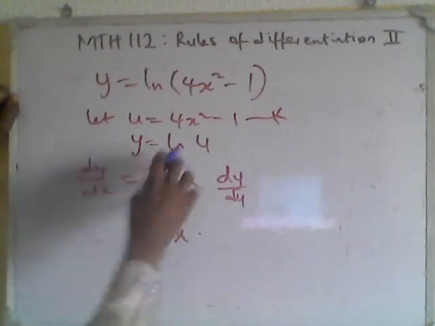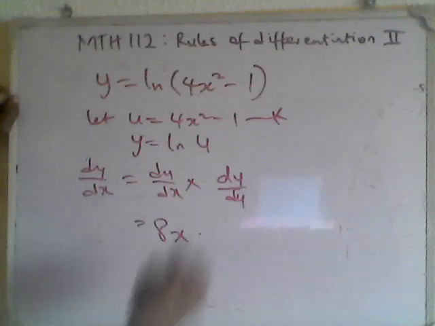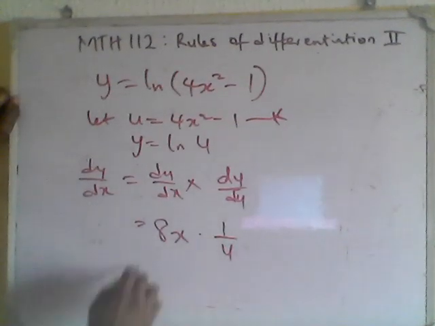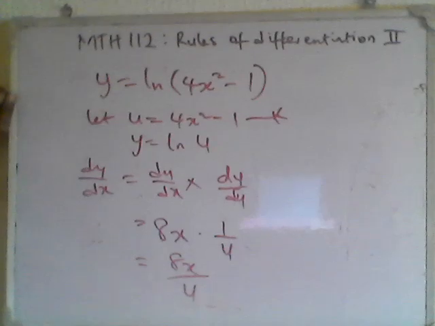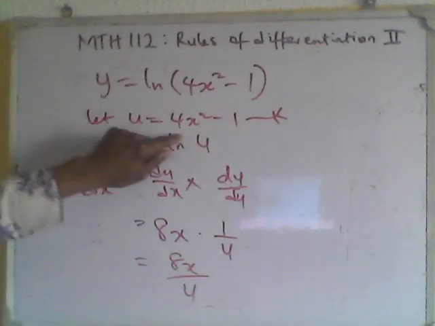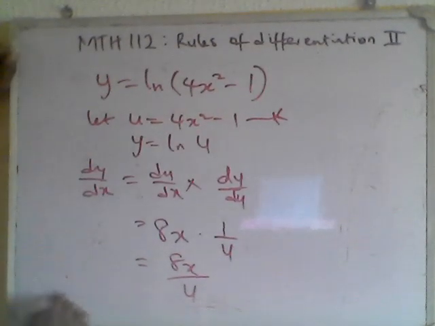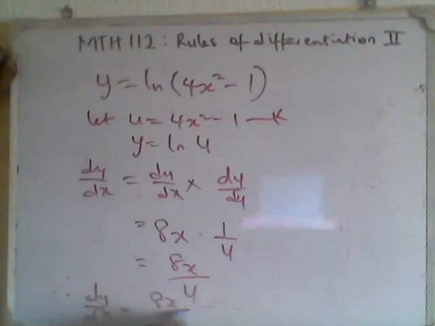Then dy/du, ln u is differentiated to 1 over u. So this is 8x over u, but u, recall, is 4x squared minus 1. Therefore, dy/dx is equals to 8x all over 4x squared minus 1. So this is the final answer for this.